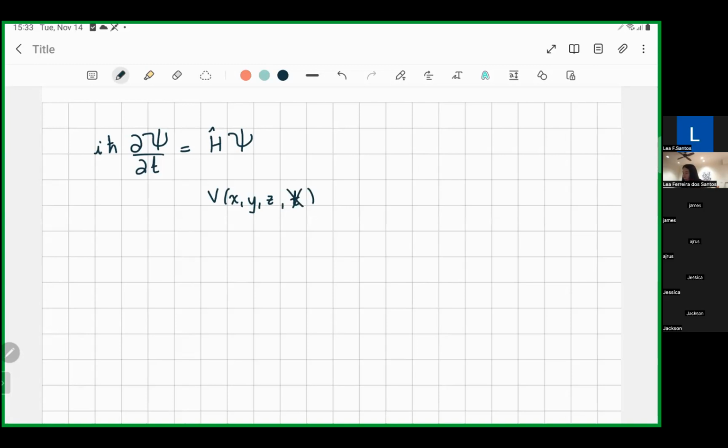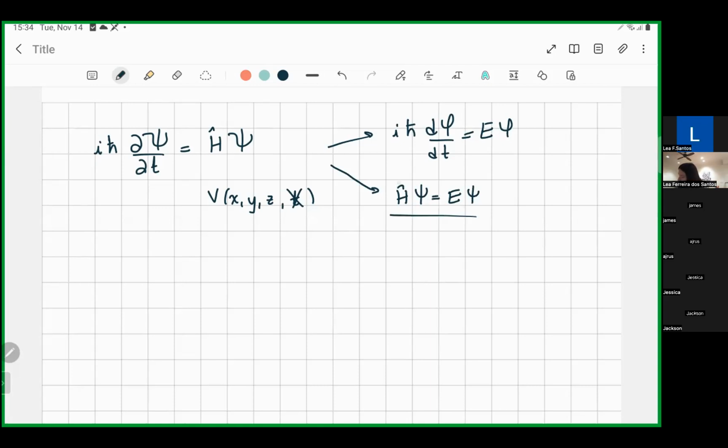Okay, so if the potential does not depend on time, we have an advantage. We said we can break this equation into 2. One is the function that depends only on time, this phi here. And the other is the equation that we call the time-independent Schrödinger's equation.